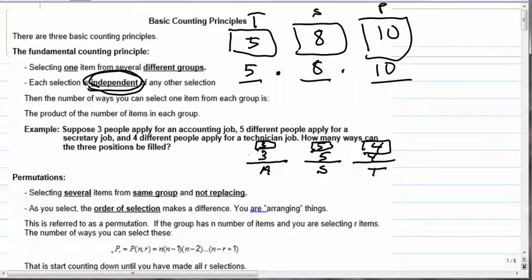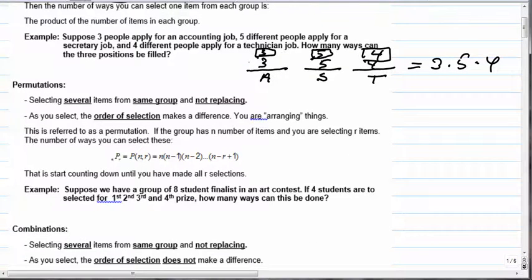If Alice and Tom we knew couldn't work together, then picking one might exclude picking the other. Then we would no longer have this independence. But since we have independence, the fundamental counting principle applies, and the answer to this problem is just 3 times 5 times 4.